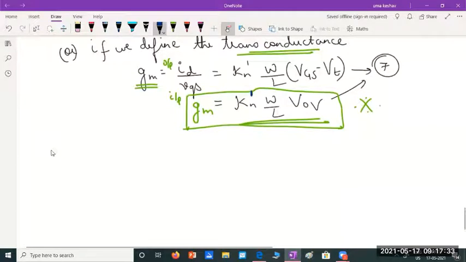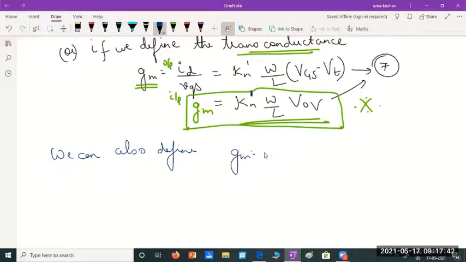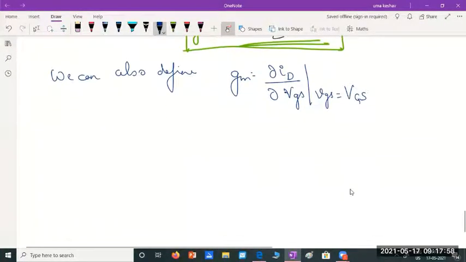We can also define transconductance GM as the ratio of change in drain current to change in gate source voltage. That is when the gate source voltage is fixed at VGS. What's the meaning of this statement?